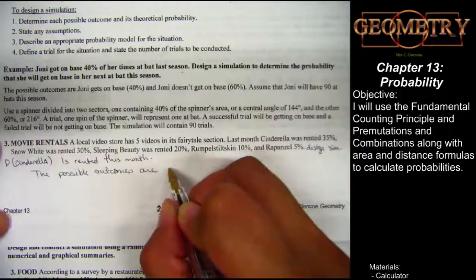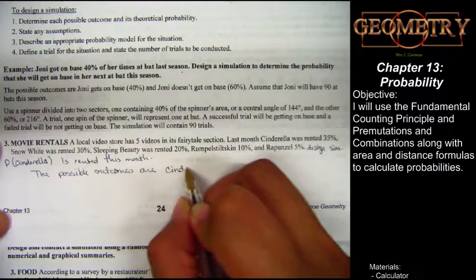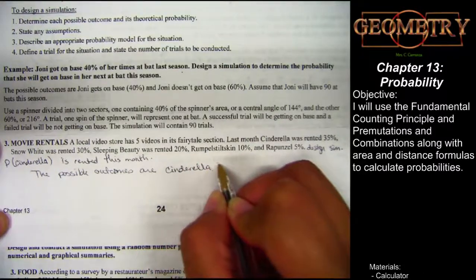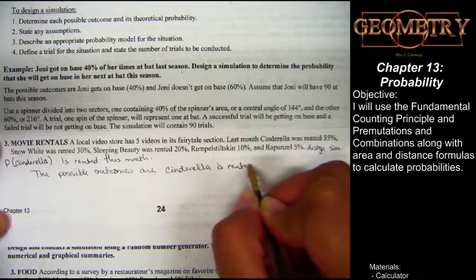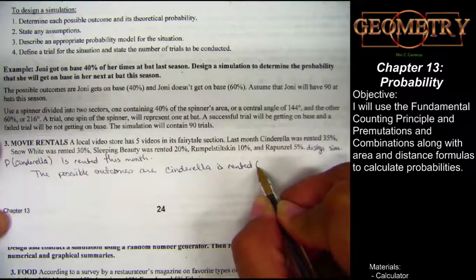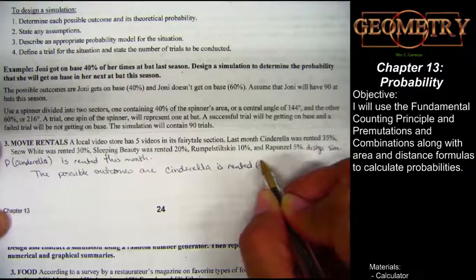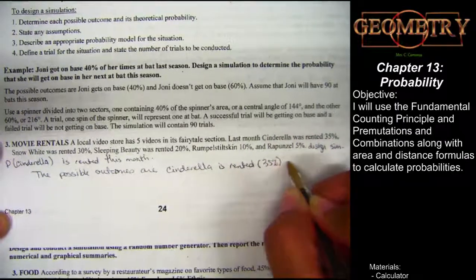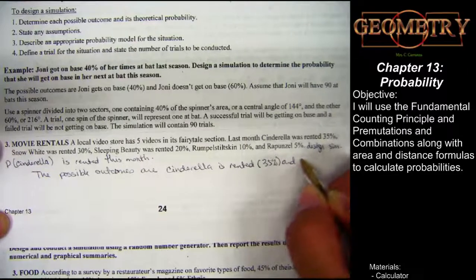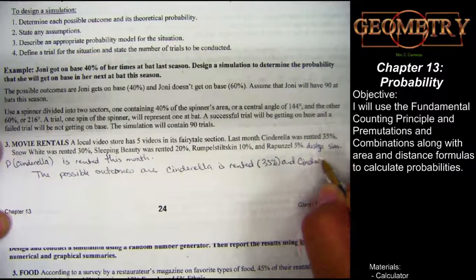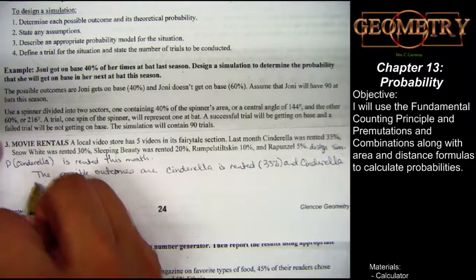The possible outcomes are Cinderella is rented. And what's our theoretical probability for Cinderella being rented? 35%. Our other outcome is that Cinderella is not rented.